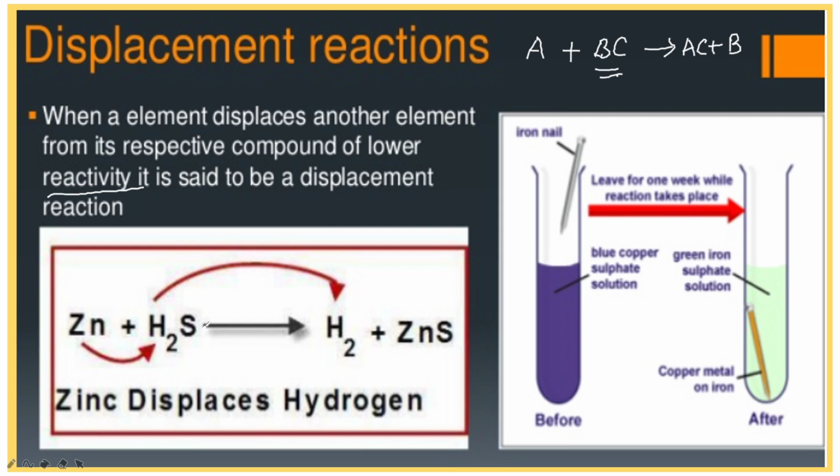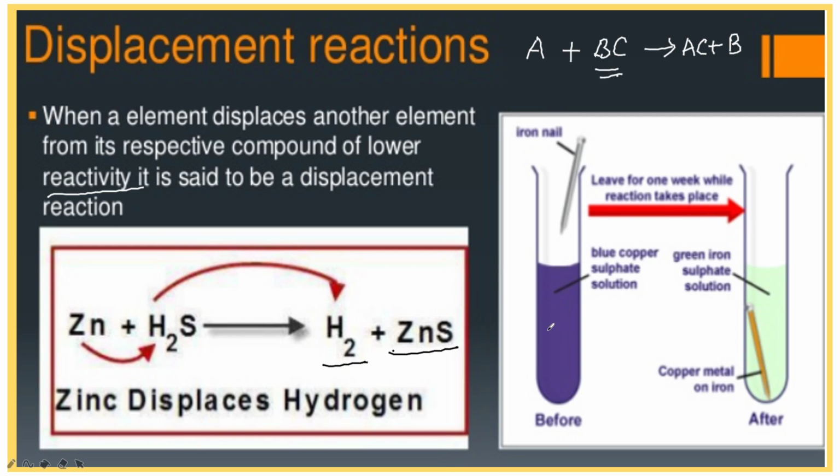Here an example is given: zinc and hydrogen sulfide, and the new products formed are hydrogen and zinc sulfide. Another reaction here: copper sulfate and zinc, or copper sulfate and iron, an easy example which we generally discuss in displacement reactions, because we find an immediate color change.